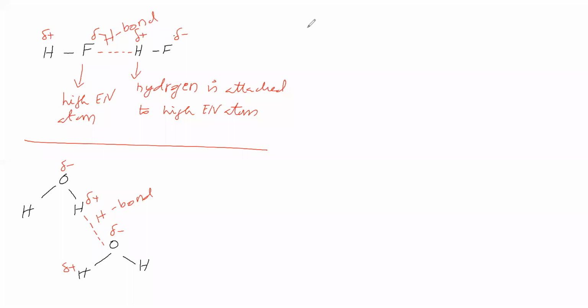Next we will take ammonia. In ammonia, hydrogen is having partial positive, nitrogen is having partial negative. Another ammonia molecule I will take.